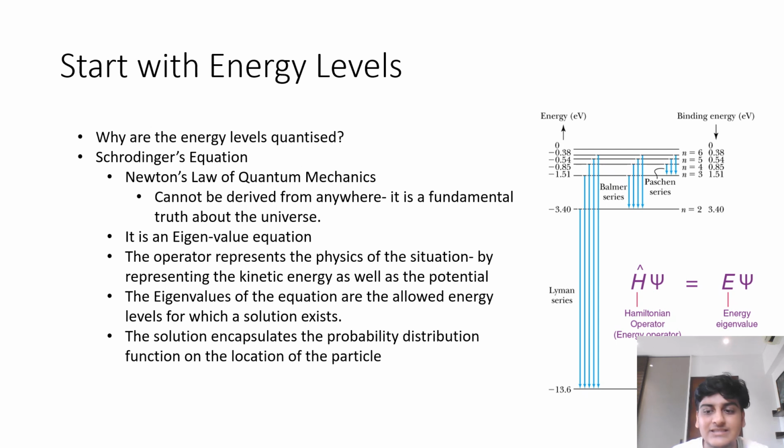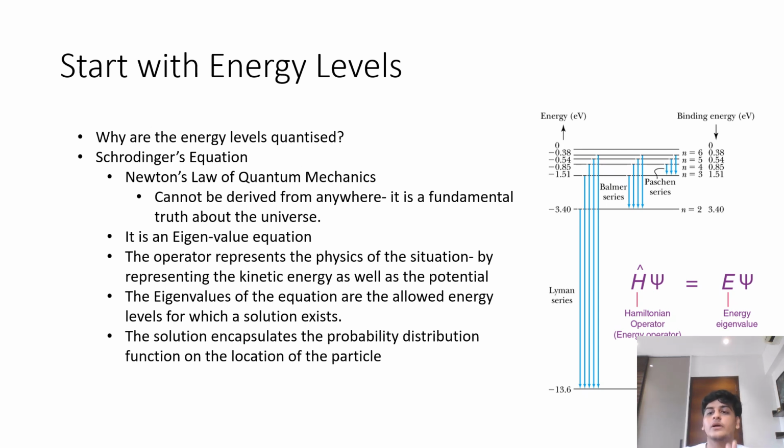What this means is that there are only certain values of E for which this equation can have a solution, and therefore, since this is the most fundamental equation of quantum mechanics, there are only certain values of the energy that the electron can take.